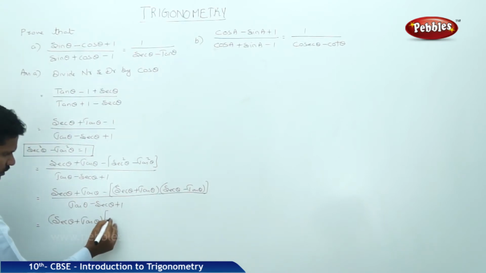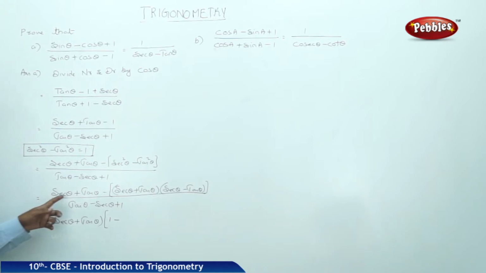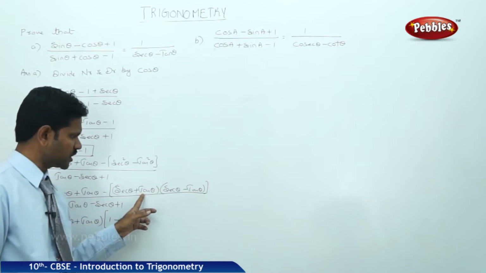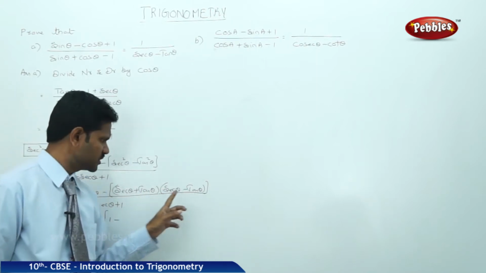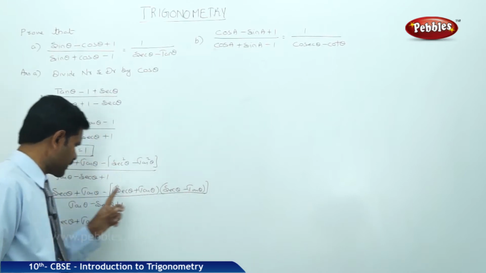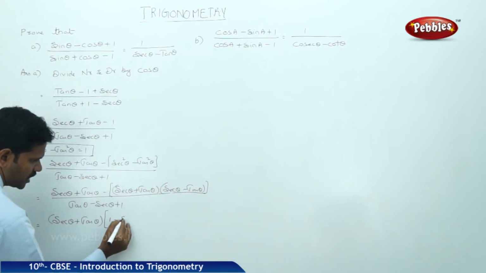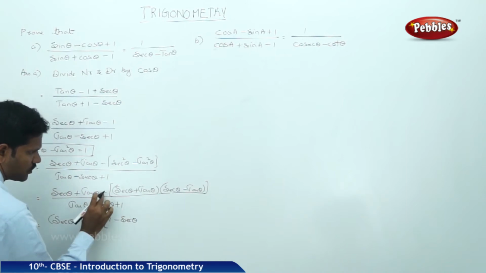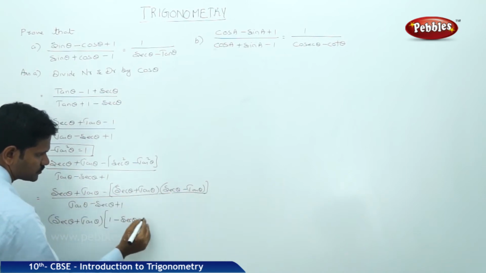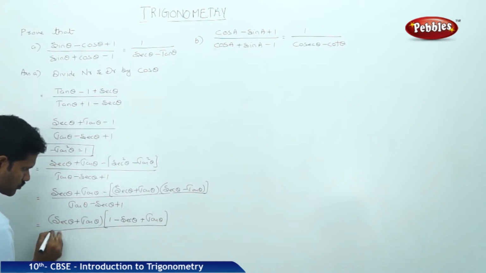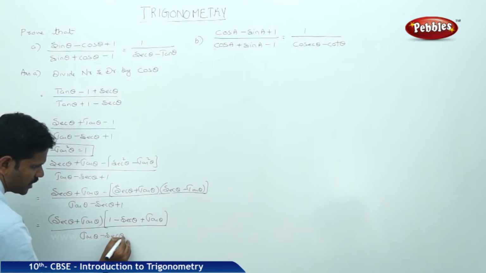I take common 1 minus secant plus tan. Therefore this part is left. This part will be affected with this minus. That is minus into secant theta minus secant theta, minus into minus plus tan theta by tan theta minus secant theta plus 1.